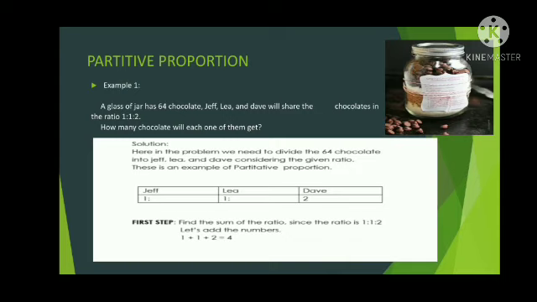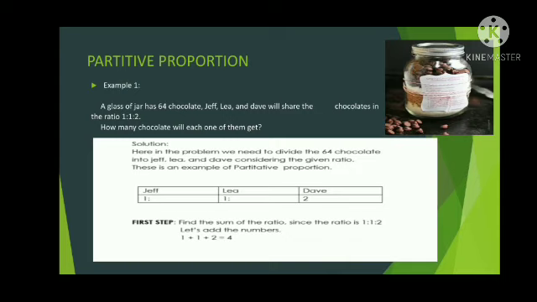That is the total number of chocolates in the jar. Jeff, Leia, and Dave will share the chocolates in the ratio 1:1:2. So paghahatian nila yung chocolate na yun, no? Since we have 64 chocolates in a jar, may ratio sila na 1:1:2. The question here is how many chocolates will each of them get?